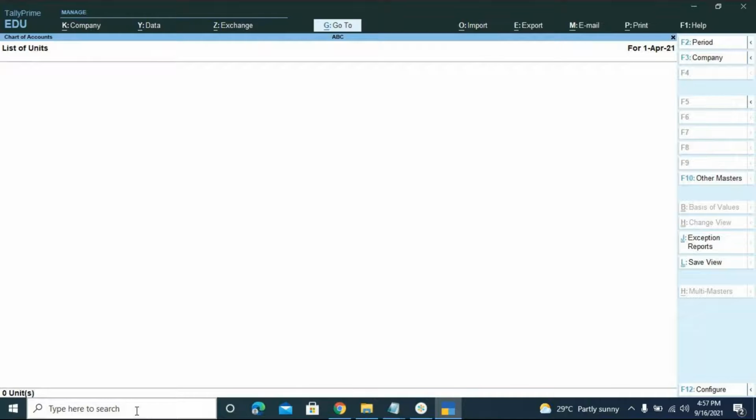Which are the two types of units of measure that can be created in the Tally software? If you're able to list even one, it's fine. But at least make an effort to think and answer which are the types of units of measure which Tally allows you to create.